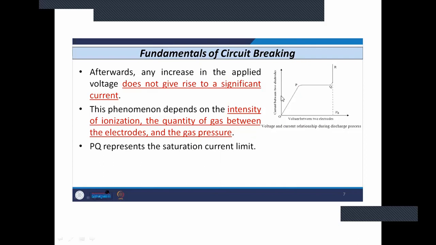So in the first part OP, we will have the primary ionization. This is the equilibrium condition, and PQ is the avalanche condition, and this is caused by the secondary ionization. Okay, and the role of positive ions occurs over this region.